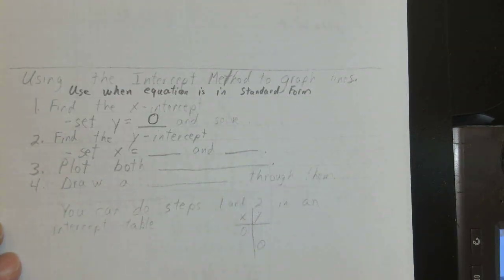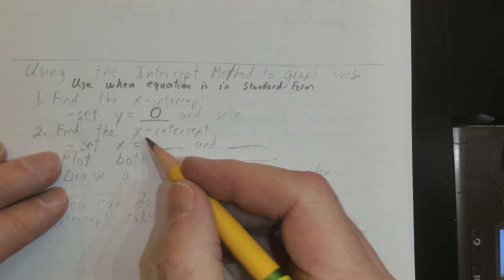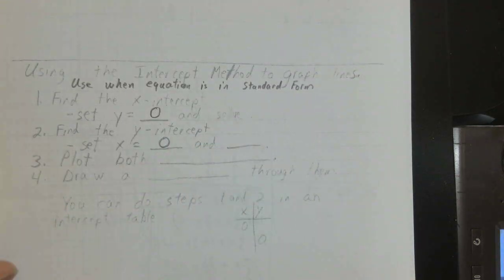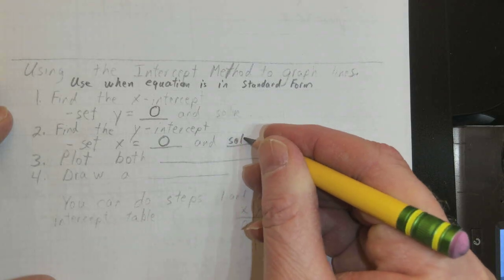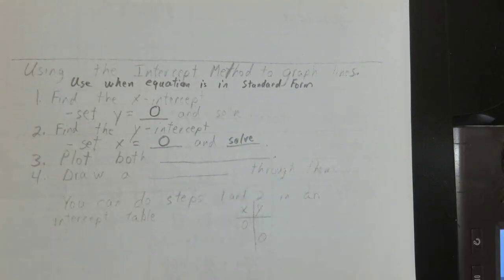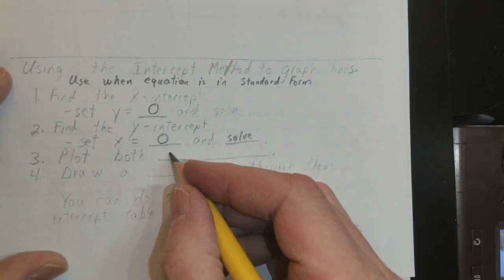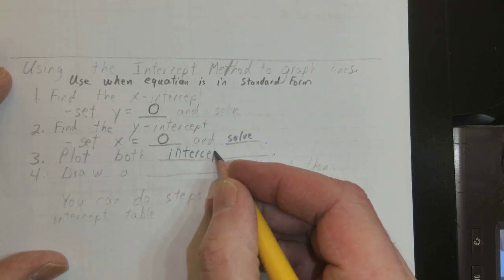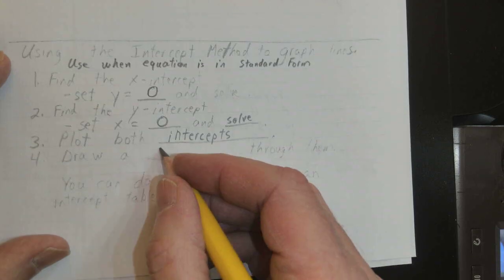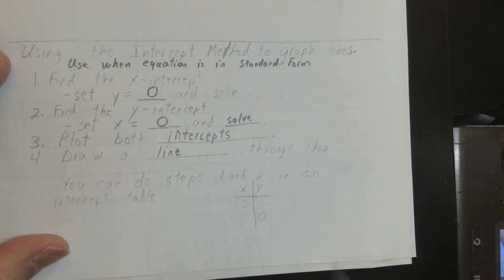Okay? Second thing you do is find the y-intercept. Set x equal to 0 and solve for y. Plot both intercepts and draw a line through them.